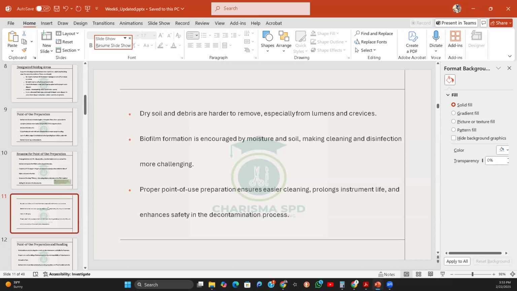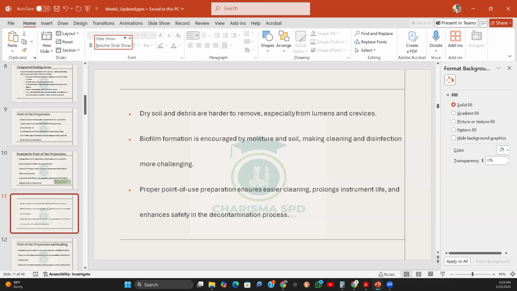And all of that comes at a cost: you will spend more time at decontamination, and it's going to cost the facility a lot of money. So to avoid that, one point of use is that we eliminate the buildup of biofilm.